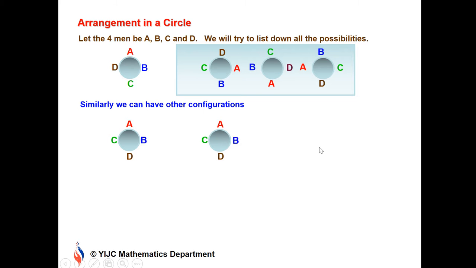Second configuration. It's A, B, D, C now. Second row, A, B, D, C, and then I rotate them. So the second row is all the same. Agree or not?